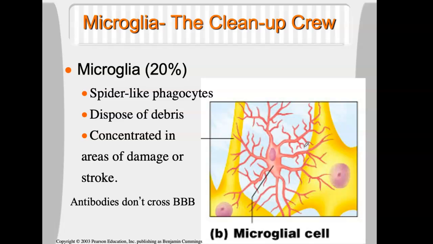Again, if you see a stroke, you're going to see lots of these, trying to clean up any kind of blood that's bled, any kind of damaged cell that's sitting there. They're going to be able to come and eat that up and remove it from that site. Microglial.